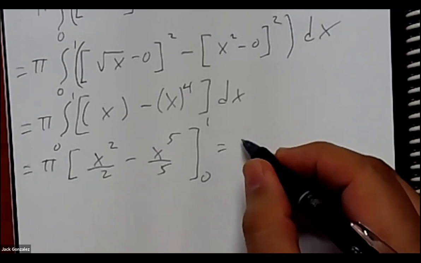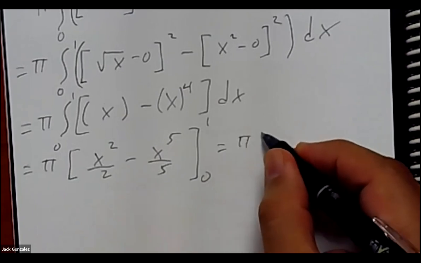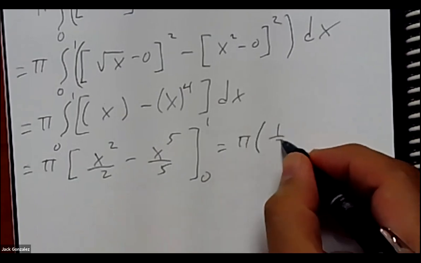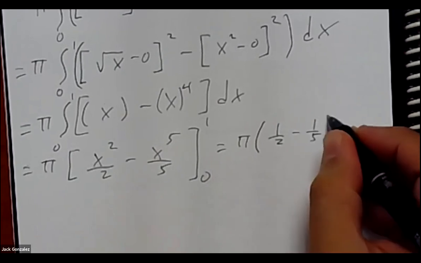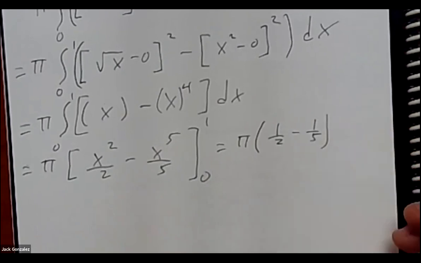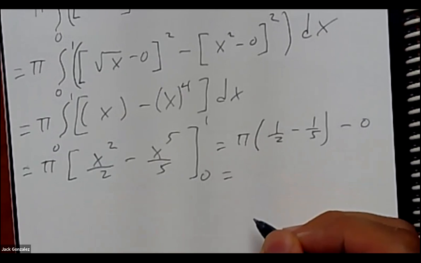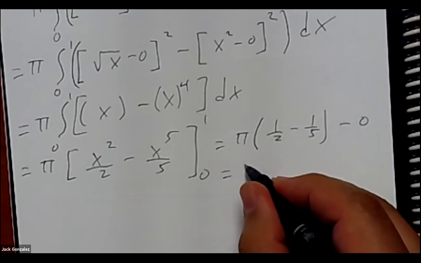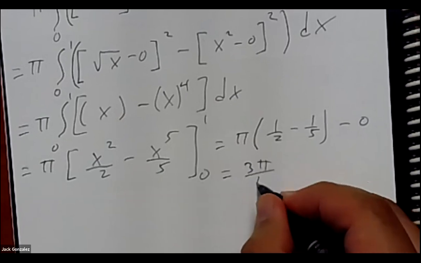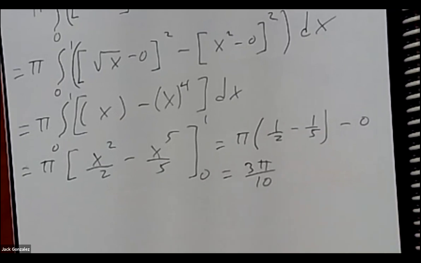Which will be pi times 1/2 minus 1/5. So that's about what? That's 3 pi tenths, is that right? Yeah.